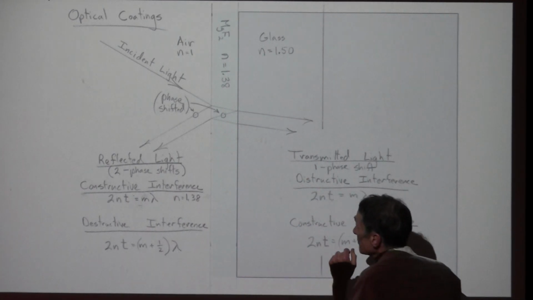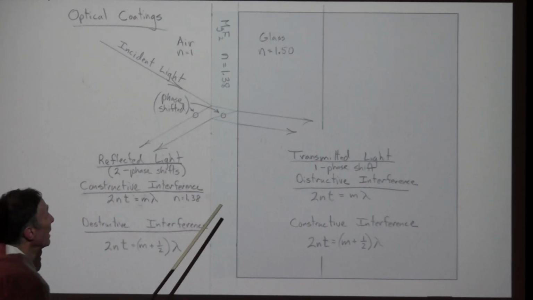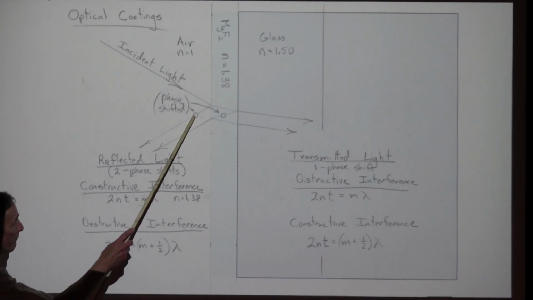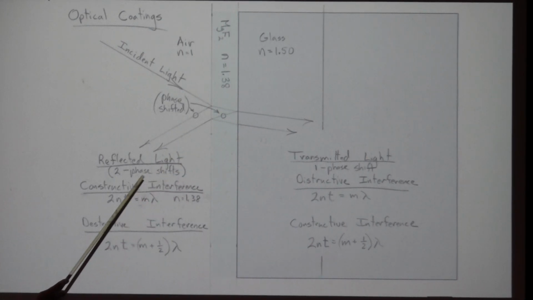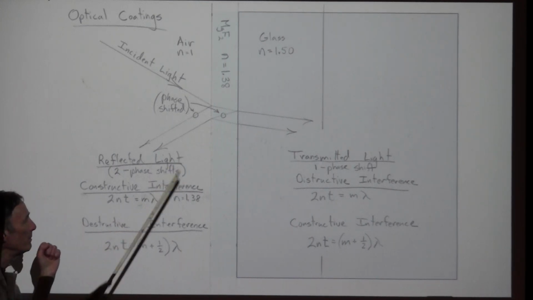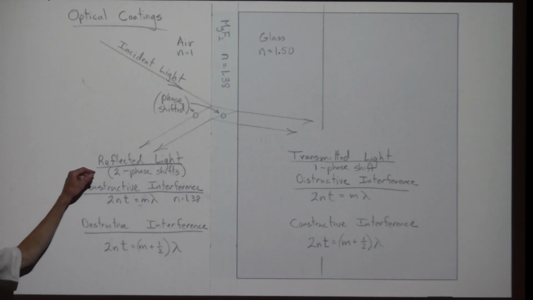I'll let that be. But let's look at the reflected light. The reflected light is the combination of these two. So I've got a phase shift here and a phase shift there. With two phase shifts, that throws it back into phase. So this would be a case of constructive interference.